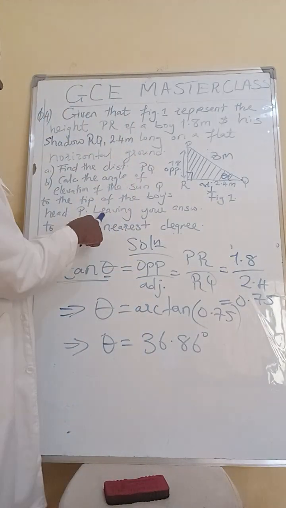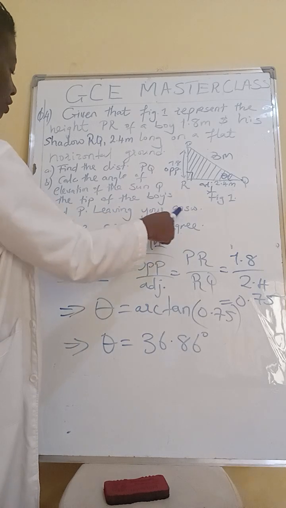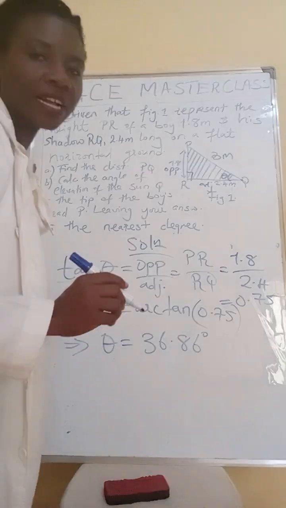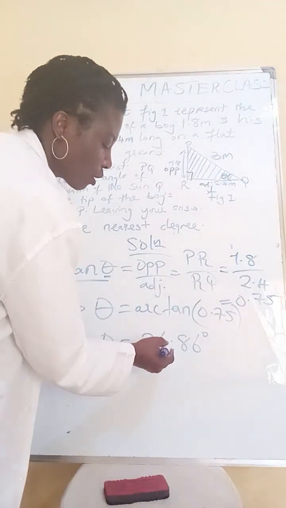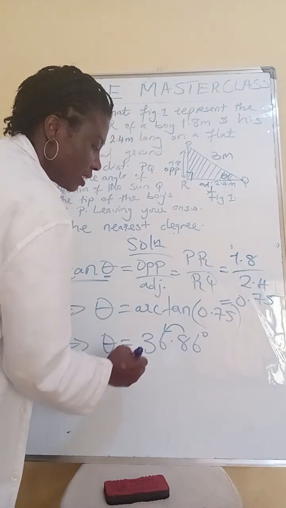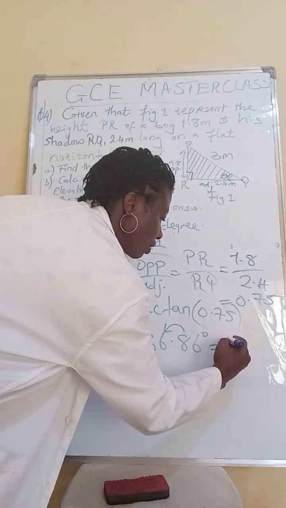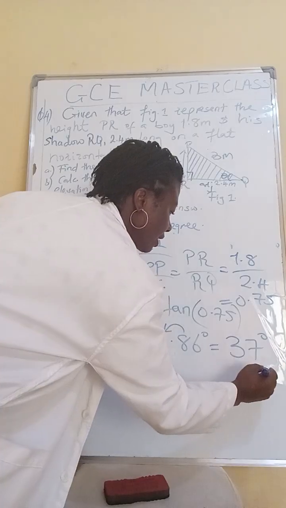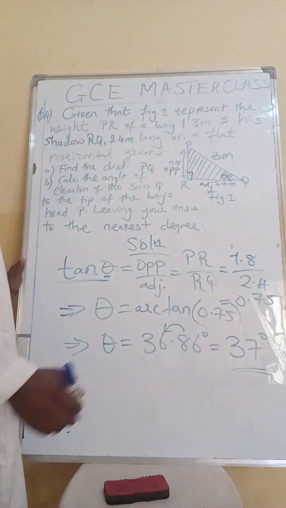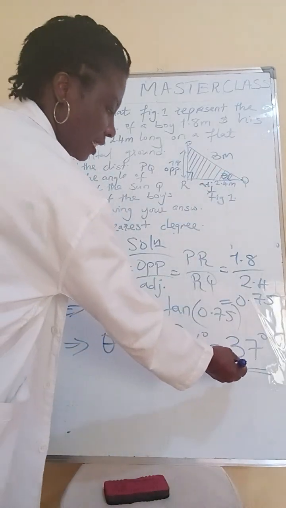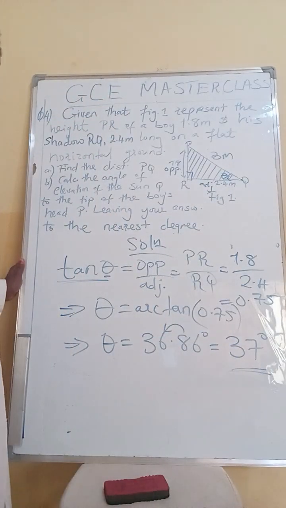But they said leaving your answer to the nearest degree. So for us to leave our answer to the nearest degree, we are going to round this up, and it's going to give us 37 degrees. So this angle here is 37 degrees.